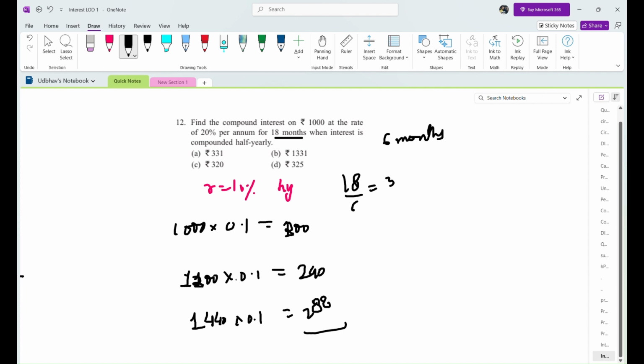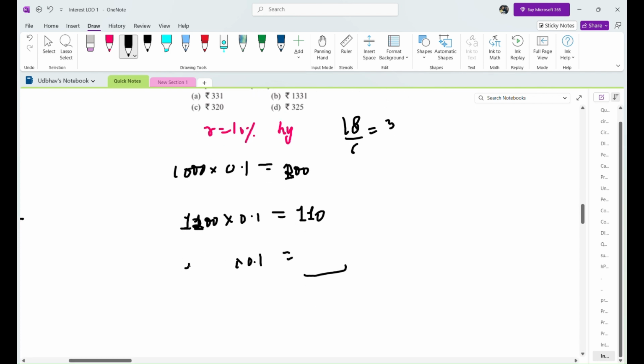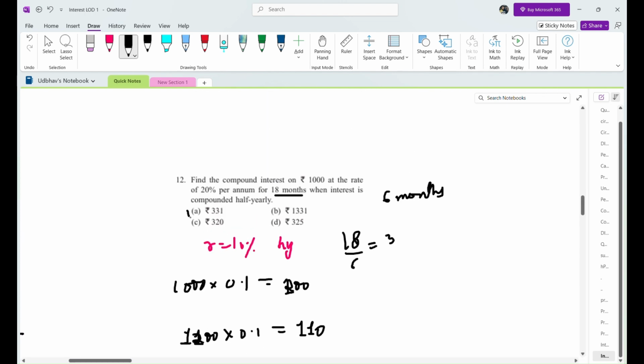Then 1100 into 0.1 is going to be 110. Then 1210 into 0.1, that is 121. So now 100 plus 110 plus 121 will give us 331 rupees.